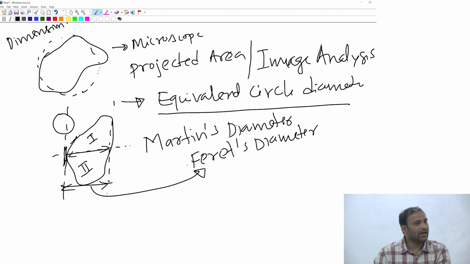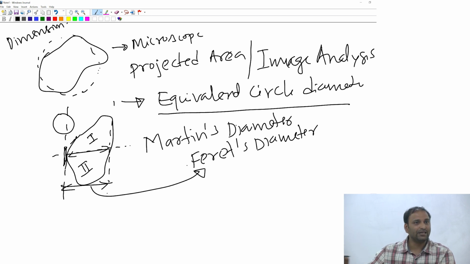Again, these are the guidelines in the literature for finding the dimensions, but what dimension do I have to use for a particular application? It depends on several factors. It depends on what kind of access I have to a particular technique. For example, I'm able to discuss the equivalent circle diameter, Martin's diameter and Ferret diameter because there's a microscope, I'm able to capture the image, which is a projected image of the particle, and there's access to image analysis.